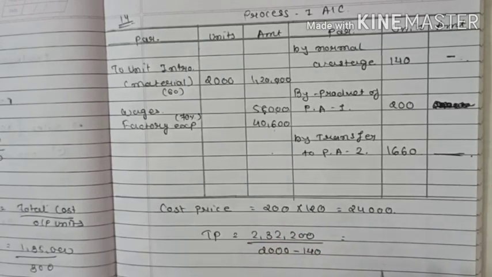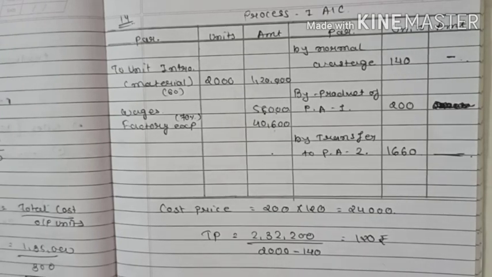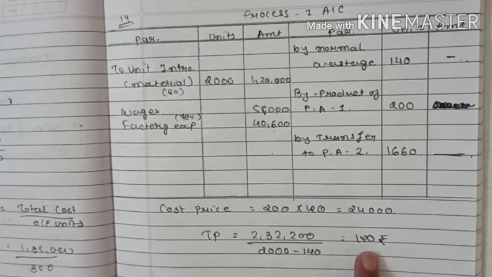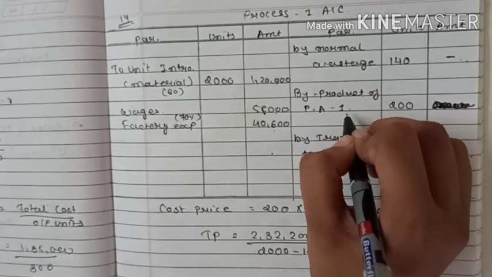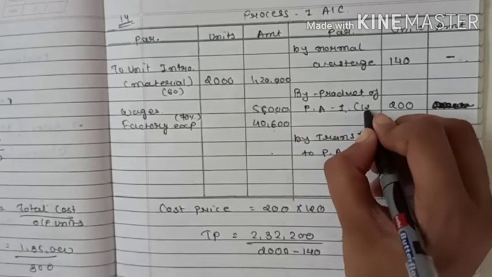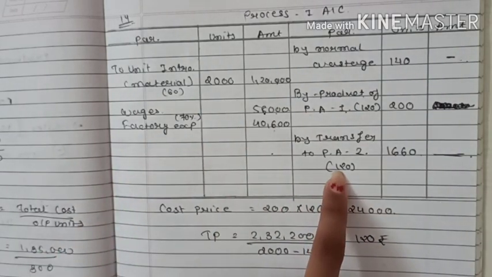After solving this equation, we get 120 rupees. Transfer price is 120. As we know that transfer price is 120, so byproduct of process account 1 also becomes 120. Abnormal wastage, abnormal gain and value of the byproduct are valued at the transfer price 120.